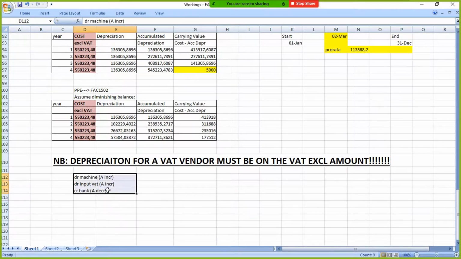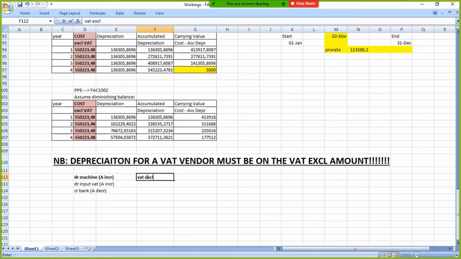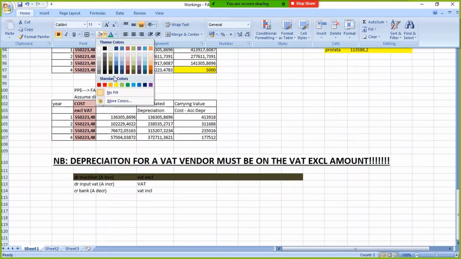Remember that? Your basics? So when you record assets as a VAT vendor, always use the VAT exclusive amounts. This is what gets depreciated in property, plant, and equipment.